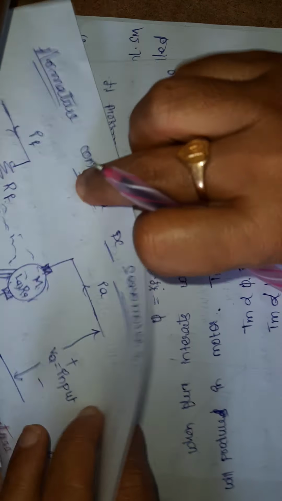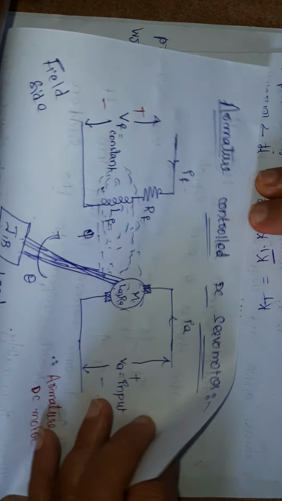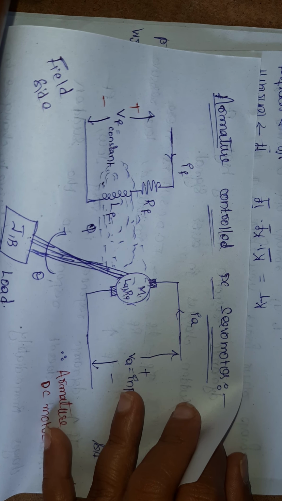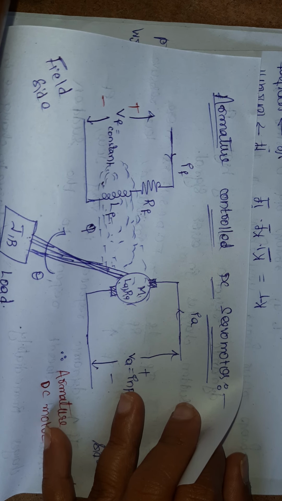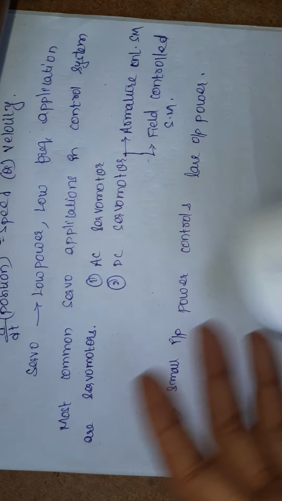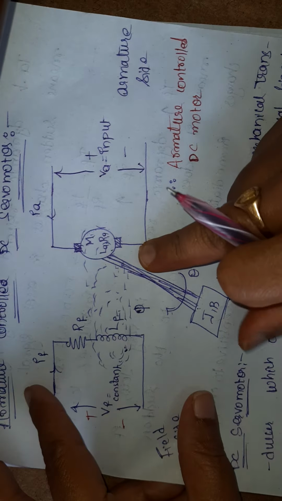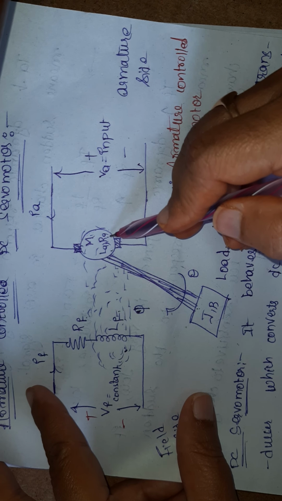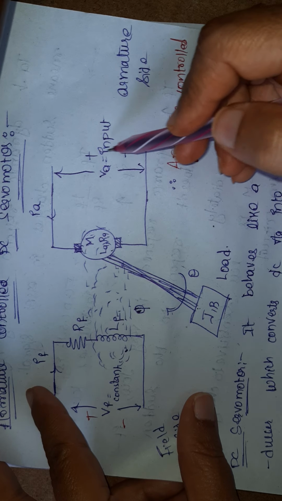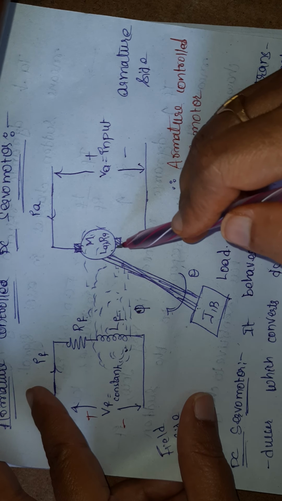What I am having in the circuit is Ia, Ra, La. So from this diagram, I am having La inductance and Ra resistance. Next, Va is applied on one side.